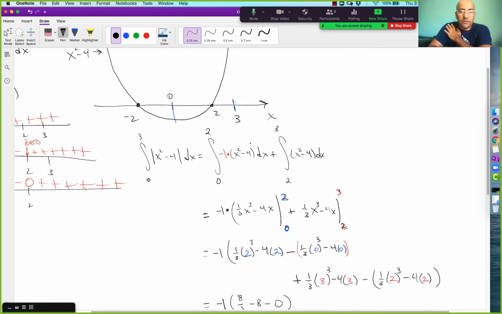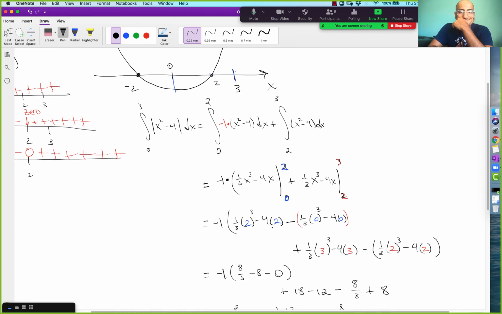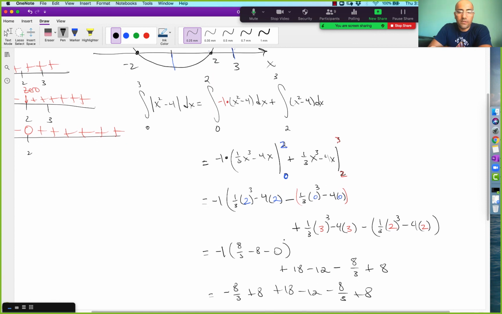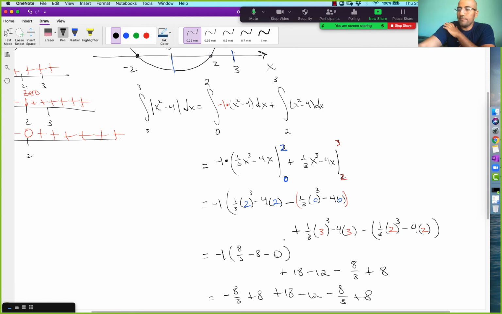Integrating from 0 to 3, absolute value, 4, 2, 0, cancels out, and 2 gives you 8. 2 gives you 8/3 minus becomes plus.